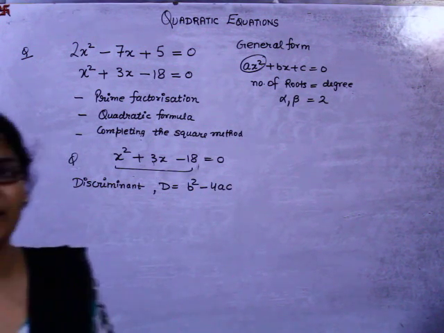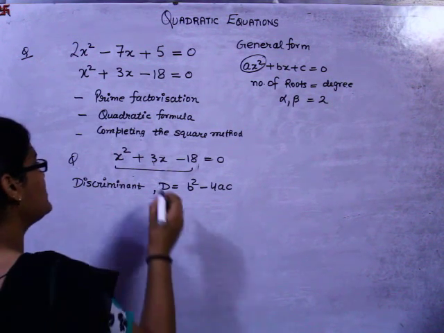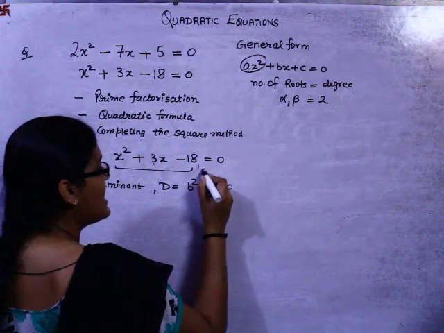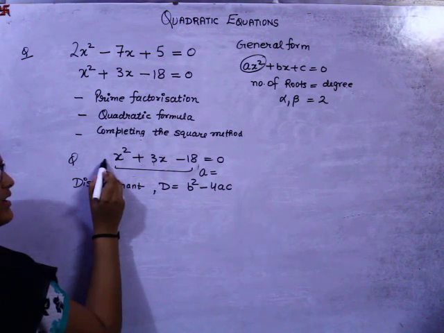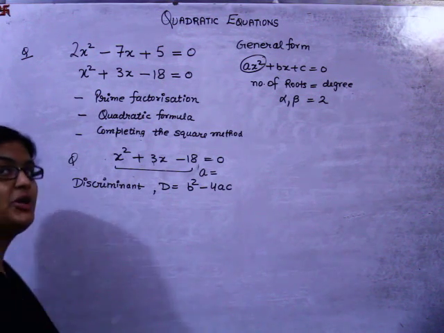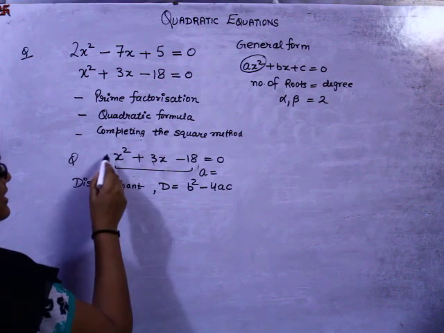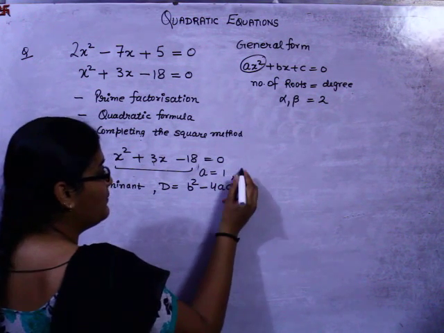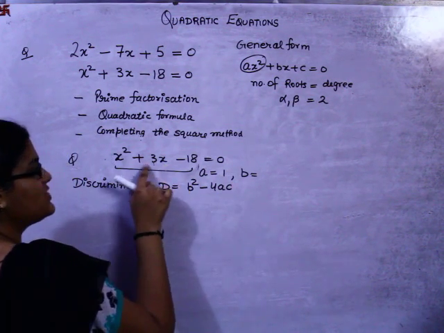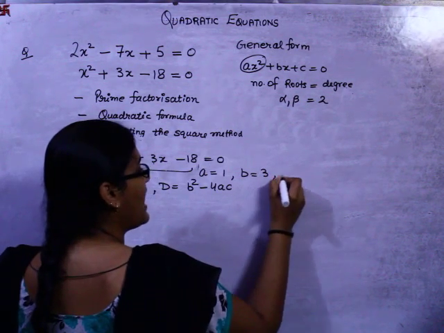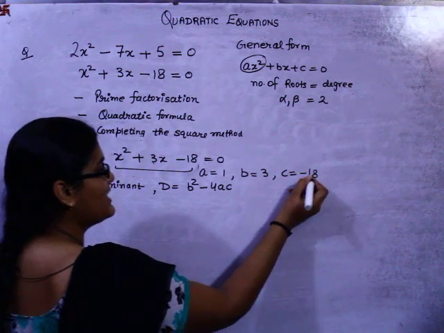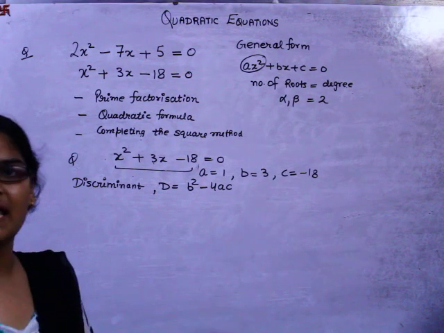What are these A, B, C? Let us check. Here, A is the coefficient of x square, which is 1. You have to take it along with the sign, here plus 1. B is the coefficient of x, which is plus 3. And C is the constant term, which is minus 18. You have all the values A, B and C.